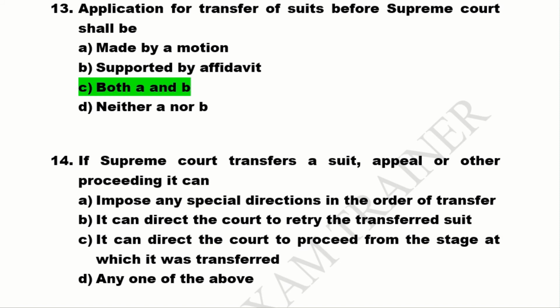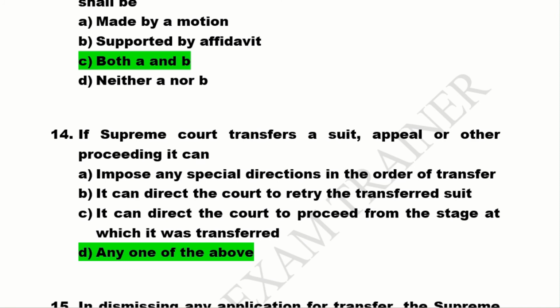Option C. It can direct the court to proceed from the stage at which it was transferred. Option D. Any one of the above. The answer is any one of the above.